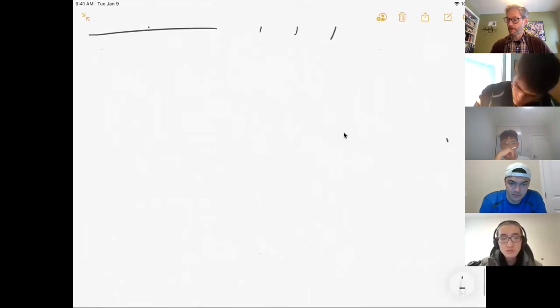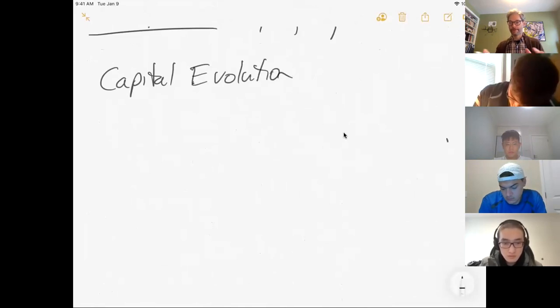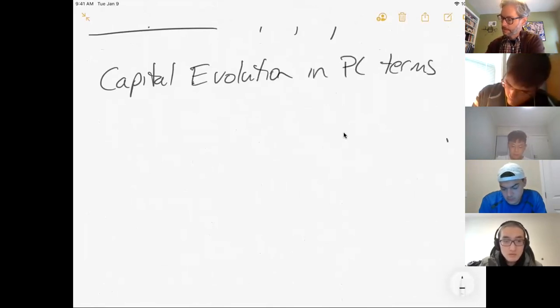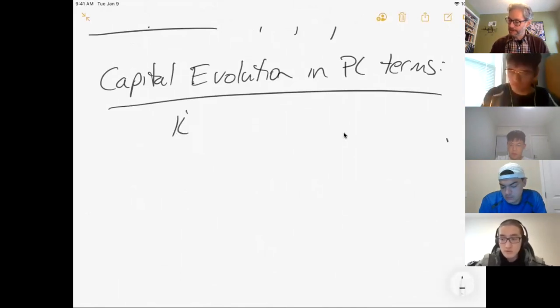So let's figure out what that is now. Because remember, we want to write everything in per capita terms because that's really going to be a more intuitive way to think about things. So remember our capital accumulation equation.